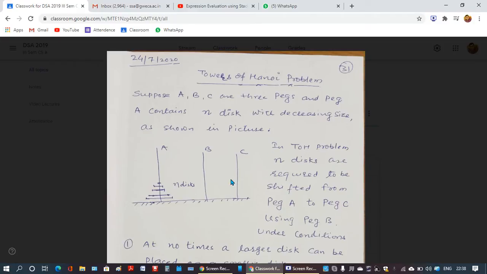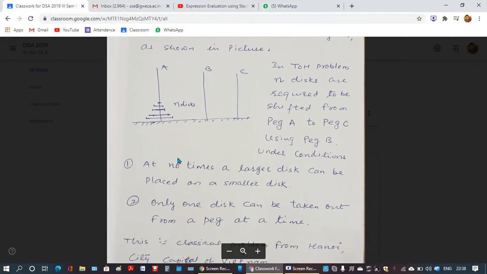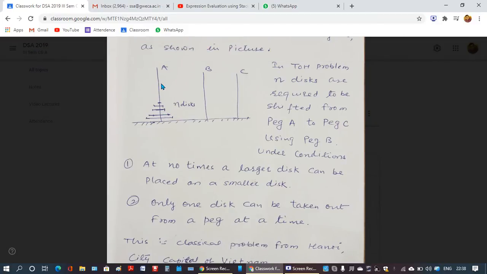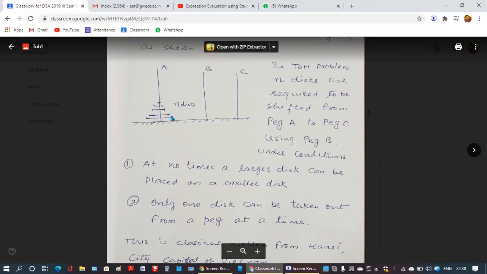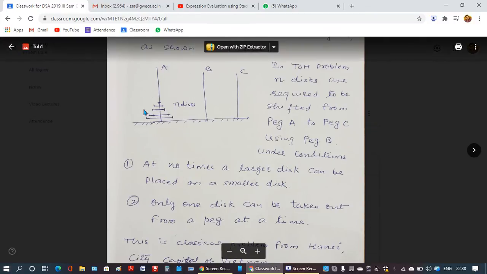But for shifting these, there are two major conditions. Number one, you can draw only one disk at a time. So you can take a disk out of a peg one disk at a time only, and then you'll have to put that disk in some other peg, and only then can you take out the other disk.